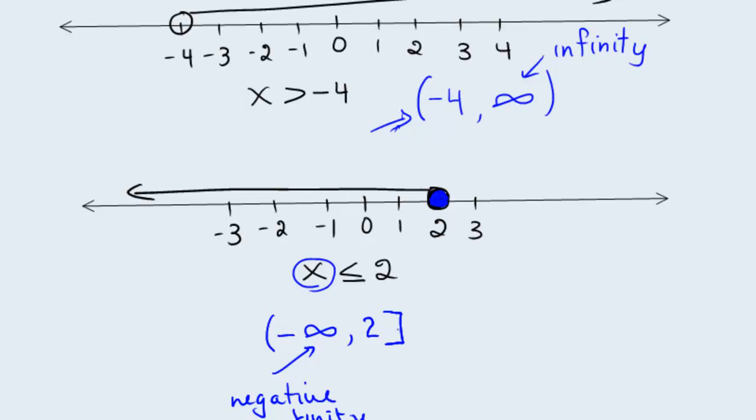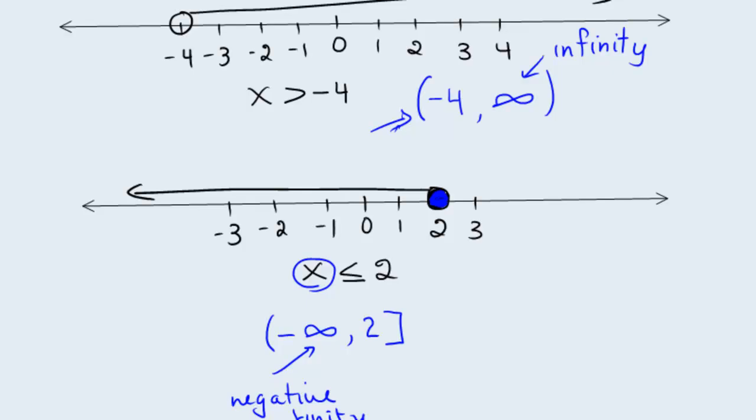We are including the 2. Okay, negative infinity is again just telling you about this idea that you're including everything on the left. You go to the left forever up to the number 2. Okay, it's not a number itself.